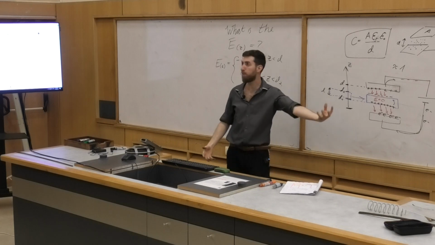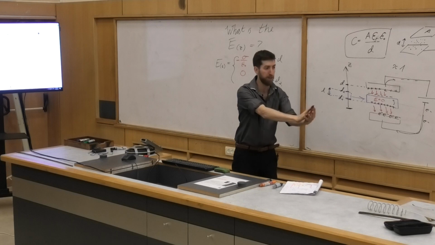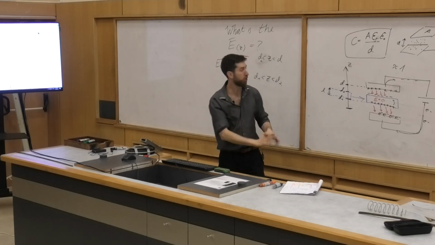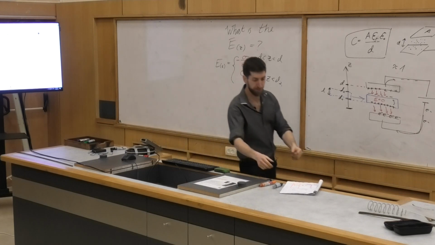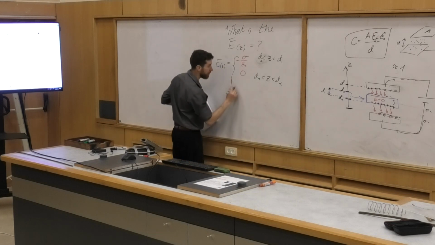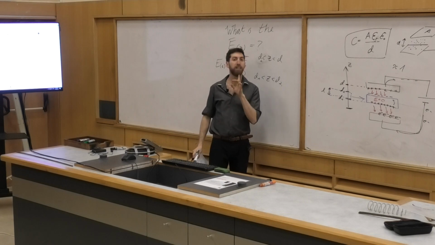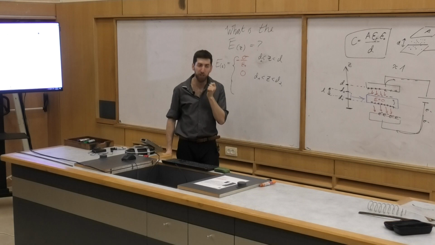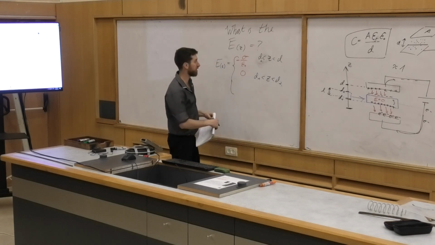If I have some positive stuff here, all the negatives would follow, and far away, positive plus negative, 0, right? So the electric field inside a conductor is always 0, okay? And if you want to really go deep into this, if you look at really small time scales, it's not correct. But it takes a really short time for that to happen, and in this class, we're always going to say 0.